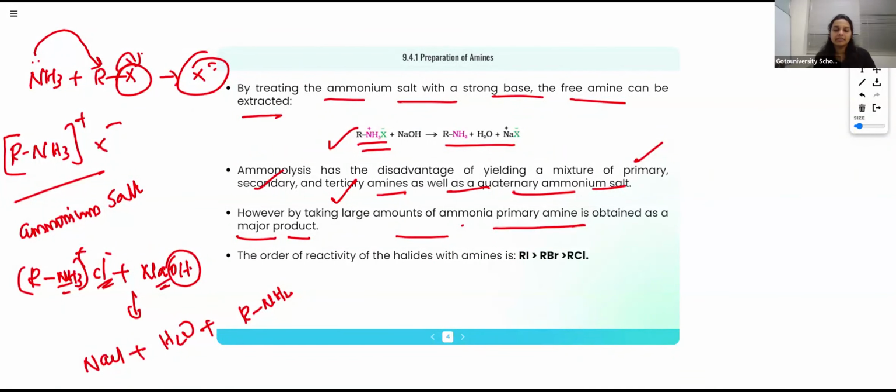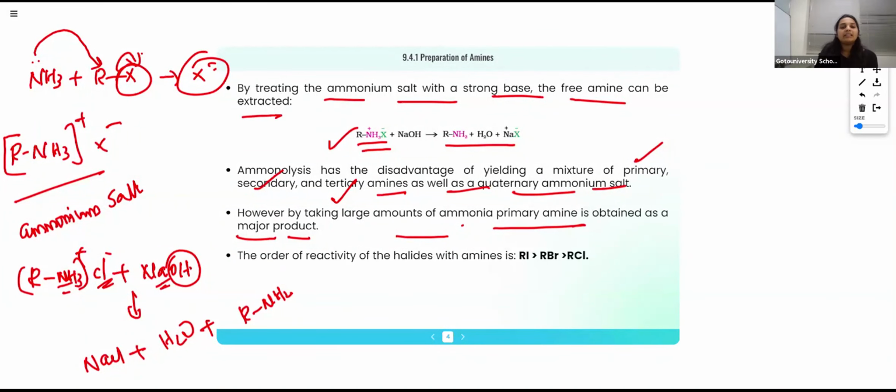Okay. Then the order of reactivity of halides with the amines. I told you the halogens will undergo what type of reaction? Nucleophilic reactions, right? Suppose alkyl halides are there, then they will also react with the amines, right? So which alkyl halide will react? See here, ammonia is reacting with alkyl halide.